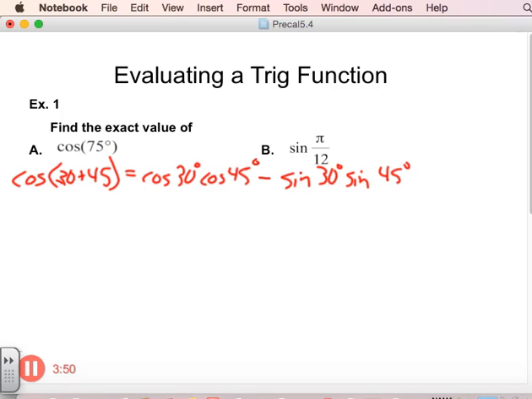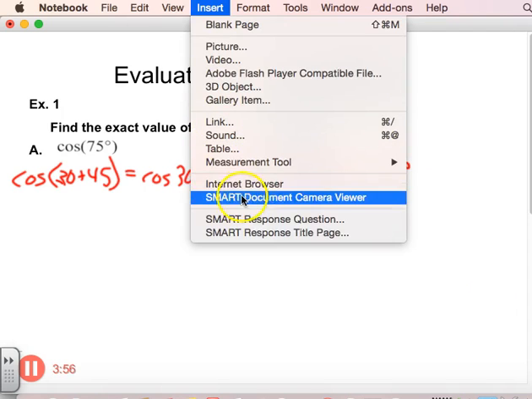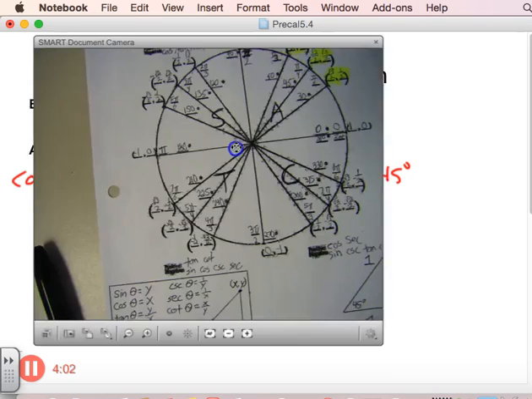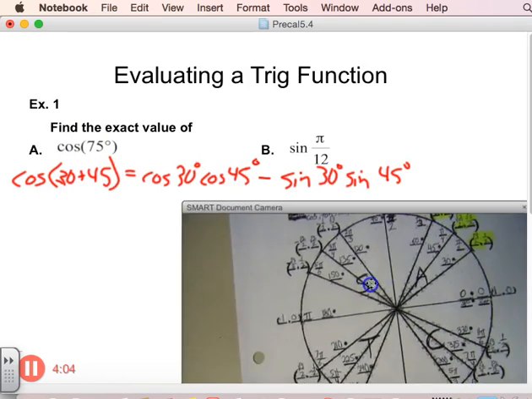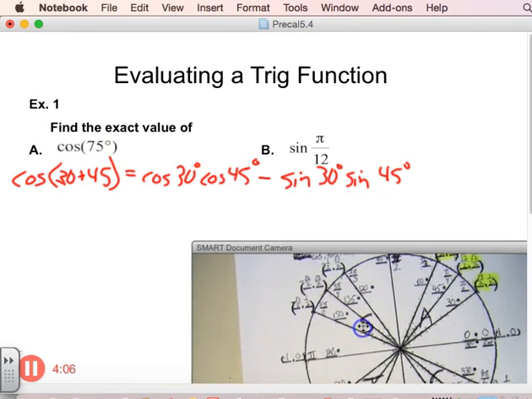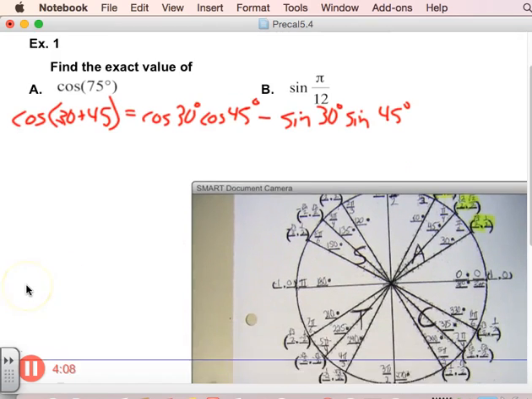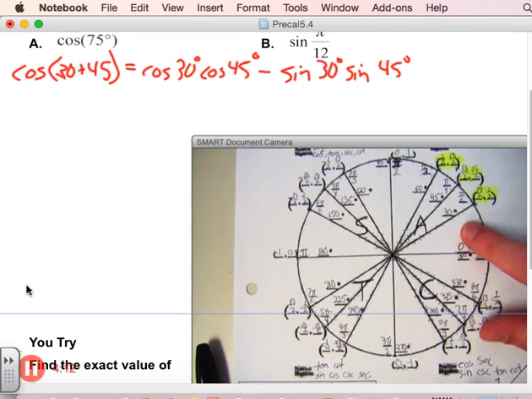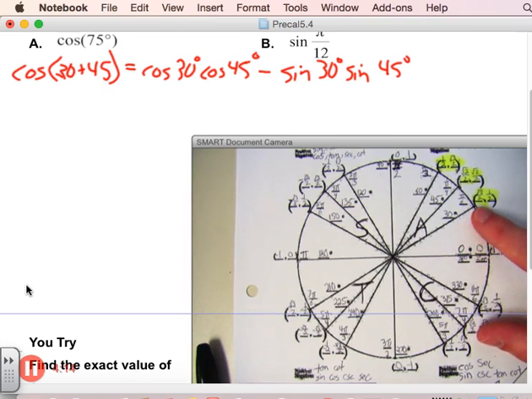Alright, so now we're going to look at this unit circle and figure out the exact values of each of those. So let's put in our unit circle here so you all can see. We're looking for the cosine of 30 and the cosine of 45. So let's look at 30 degrees first right here. Remember, cosine is the x-coordinate, so that's going to be square root of 3 over 2.